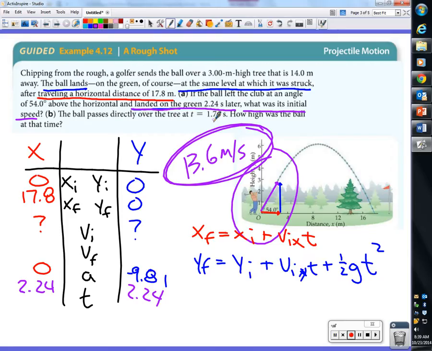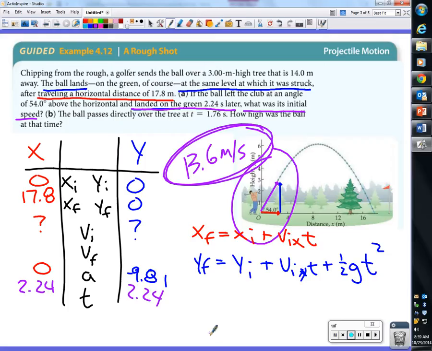Good. This is the initial speed of the golf ball. This is how fast it was traveling when it left the face of the club, okay? These two would actually be the components of that initial speed.